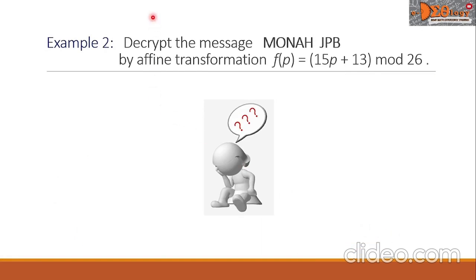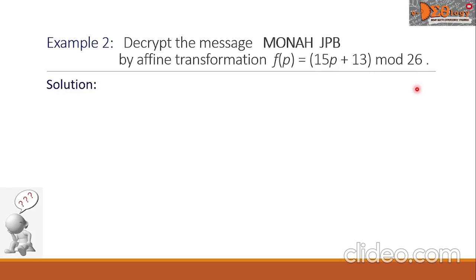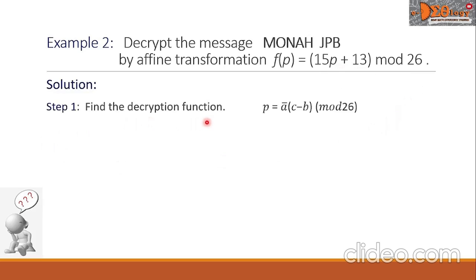Example 2. Decrypt the message MONAH JPB by affine transformation. F of p is equal to the quantity 15p plus 13 mod 26. The step 1 here is to find the decryption function. Here is our function that we derived a while ago.